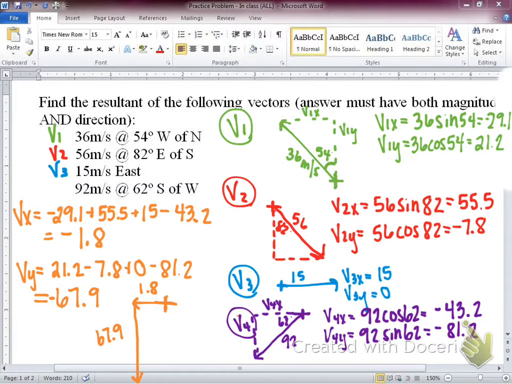Okay, so now our resultant, we want to find the hypotenuse and the angle of that triangle. From there it's just simple Pythagorean theorem.